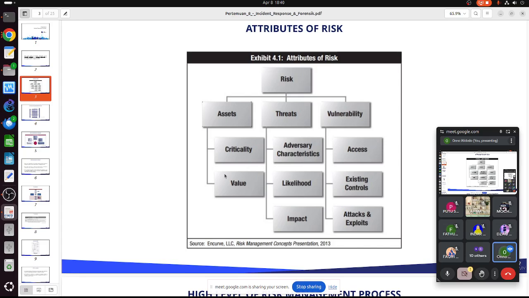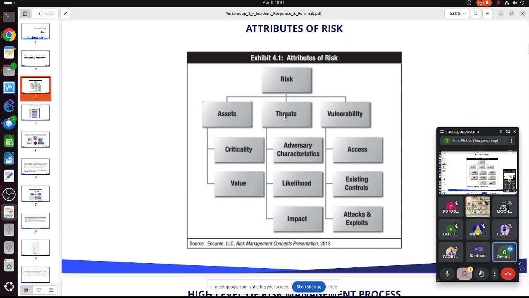Data is a digital asset. When we calculate the cost, it is actually not that high. It's like a couple of gigabytes, so that's very low cost. But the value of this particular data is very high. If somebody steals the data, we are in big trouble. So that's value.